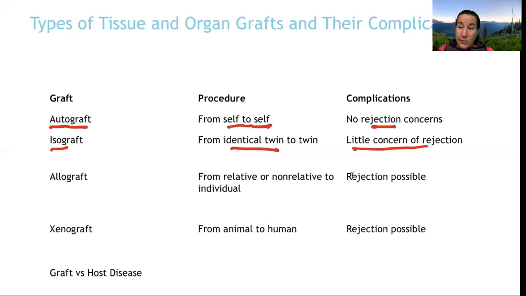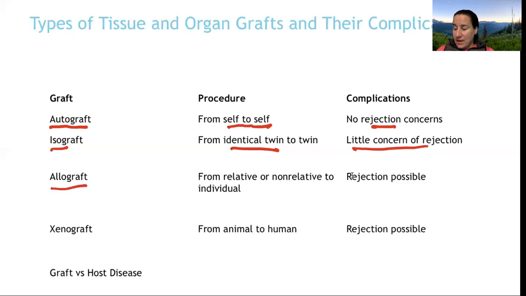Most of us don't have an identical twin out there. So in that case, if you needed a graft, a bit of tissue, an organ from somebody else who isn't you and who is not your identical twin, that's an allograft.